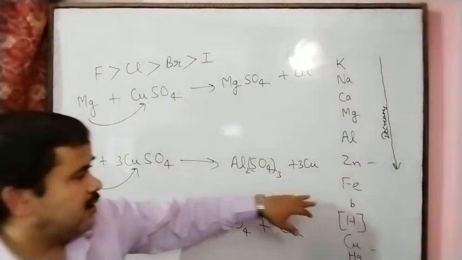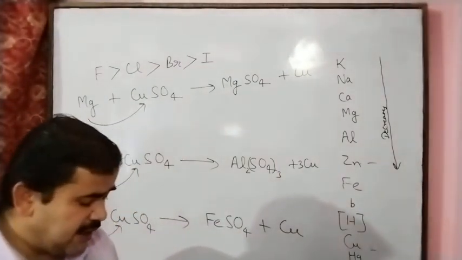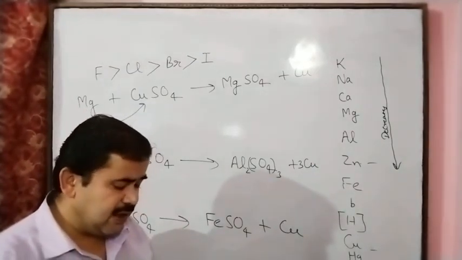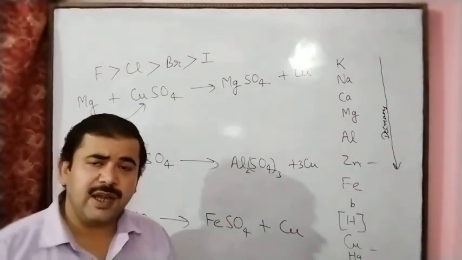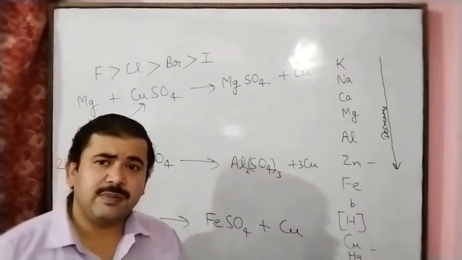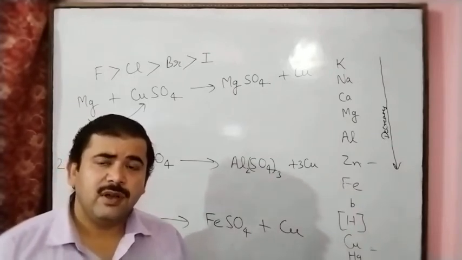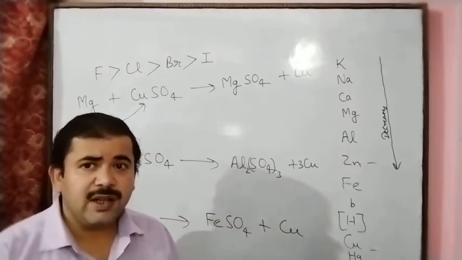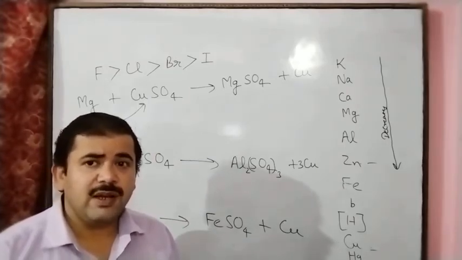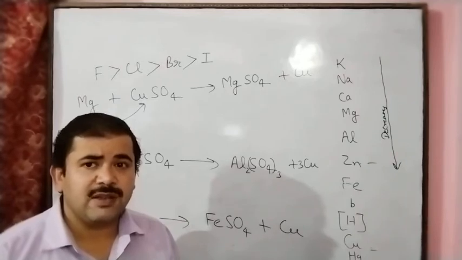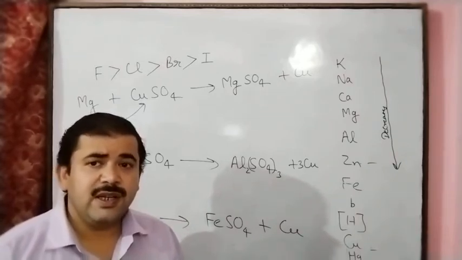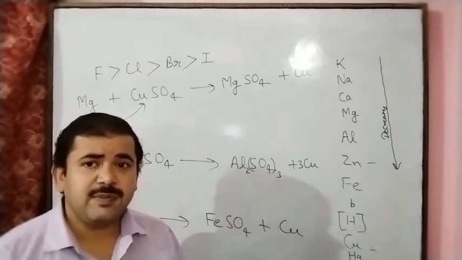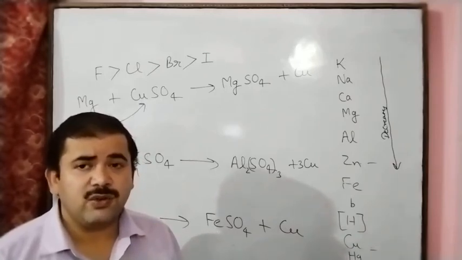So here we can see magnesium, zinc, iron react with the acid, and these metals displace the hydrogen. We know that hydrogen is a non-metal, and these are metals. Magnesium displaces the hydrogen from HCl or H2SO4, zinc displaces the hydrogen from HCl or H2SO4, and iron displaces the hydrogen from HCl or H2SO4.